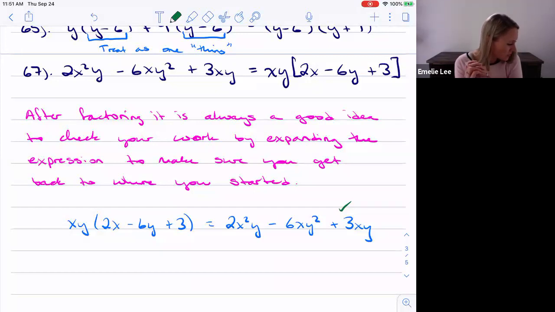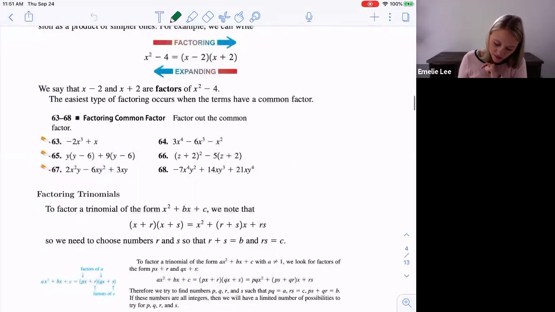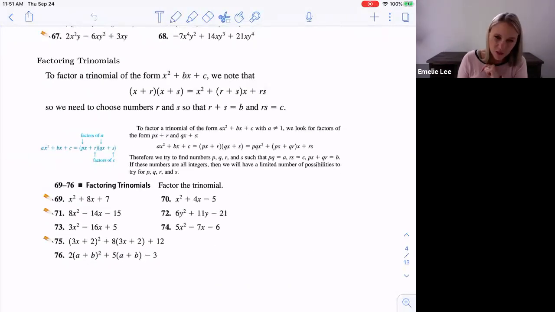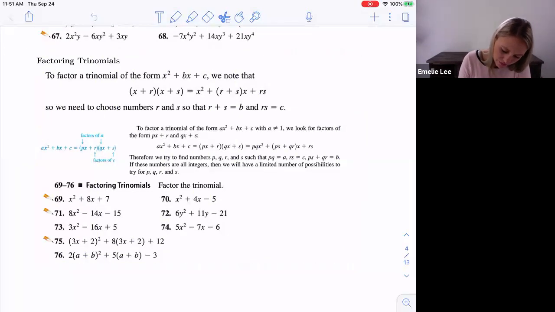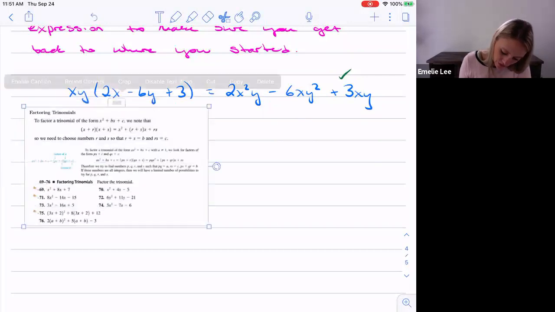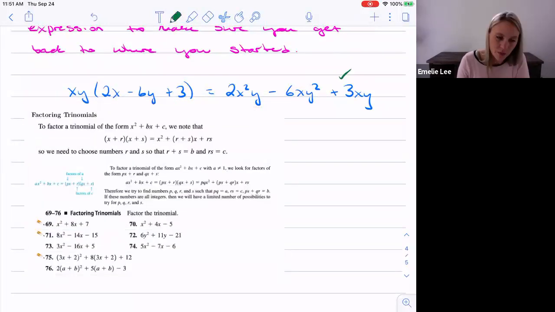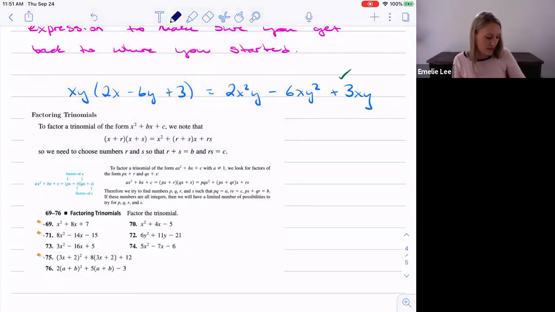Okay. Factoring trinomials is the next thing on our list here. I'm just going to make a note that it's a good to know. It's not something that I'm going to test you guys on. We won't do any, because they can be kind of brain teasers, and I want to save that for the rest of the factoring.